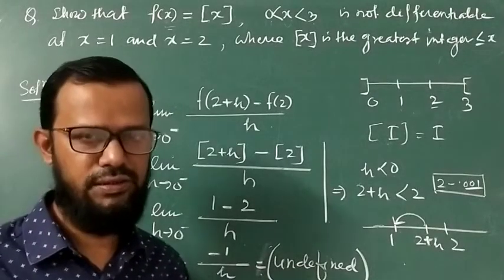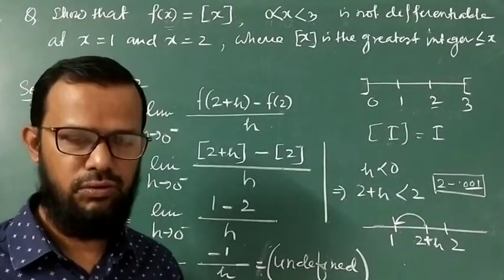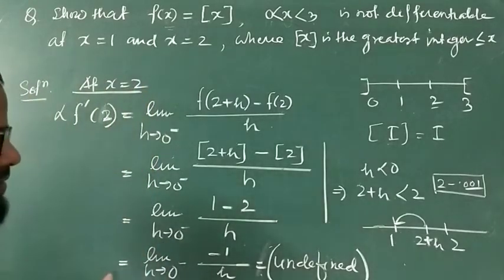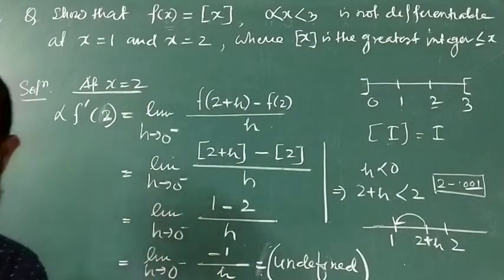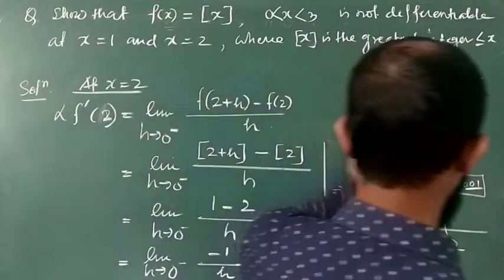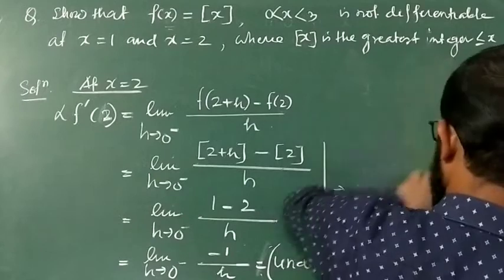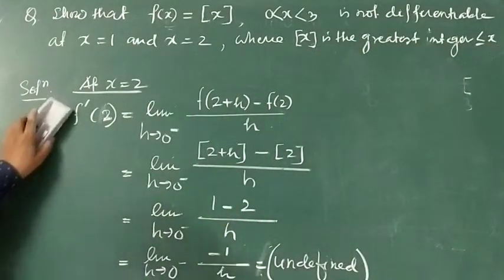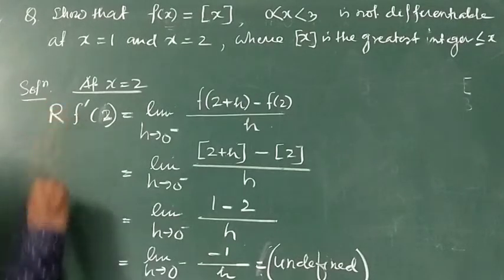We also find and know what the right hand derivative actually is, because this question carries 4 marks, so you have to go into details. Okay, so let us find the right hand derivative now. Right hand derivative, this will be replaced by R f dash 2.